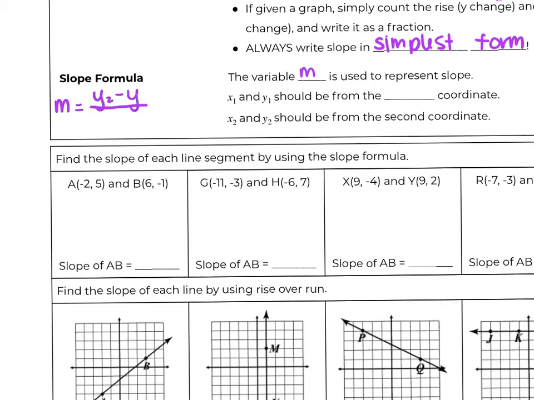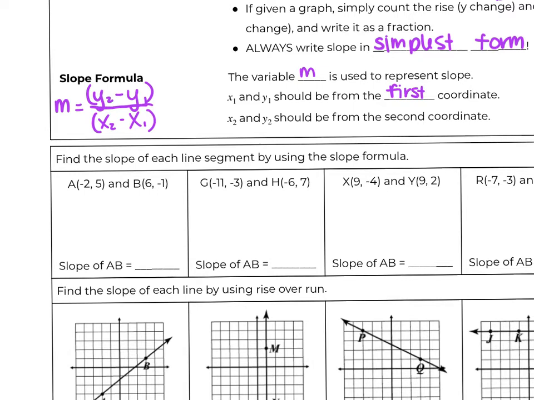So I'm going to do y2 minus y1. Technically, you can write that in parentheses. Over x2 minus x1. If you just want to set that, you always pick x1 and y1 from the first coordinate, x2 and y2 from the second coordinate.